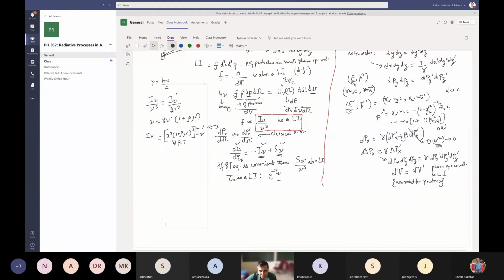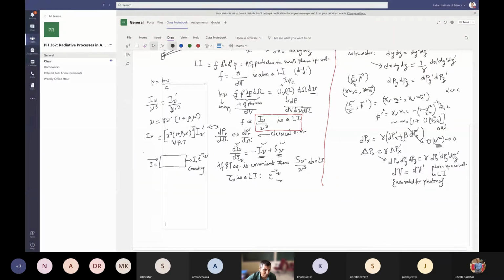If you have a column of absorbers, and you have some I naught here, after passing through this column of absorbers, only e to the minus tau nu photons will escape. So this is again counting.